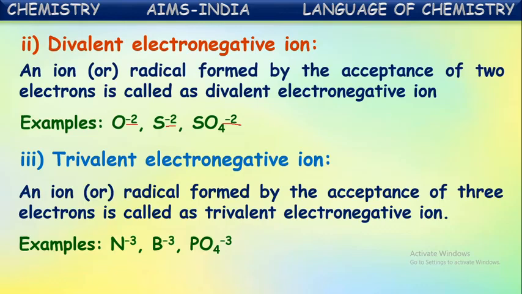Boride: boron gains 3 electrons and forms boride ion. Phosphate radical is formed by the acceptance of 3 electrons. So these all are ions and radicals formed by the acceptance of 3 electrons in each, so they have 3 units negative charge. These are called trivalent electronegative ions or trivalent anions.